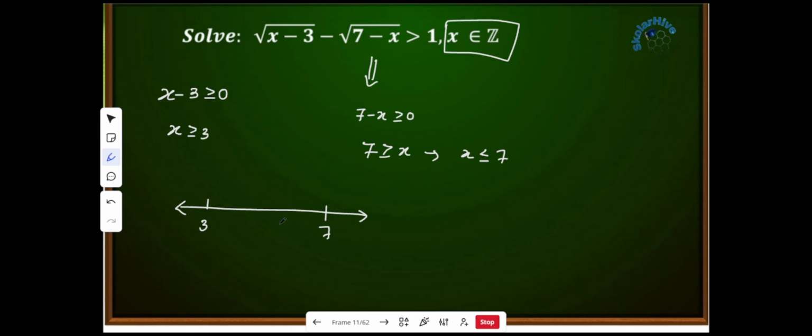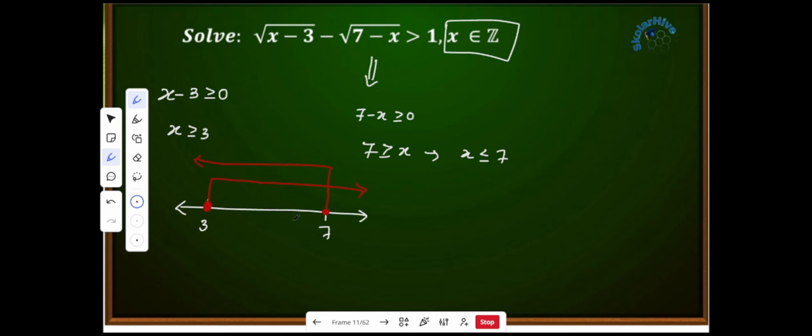So just look at the number line: here we have 7 and 3. We are getting the values of x greater than or equal to 3 from here, and values of x less than or equal to 7 from here.